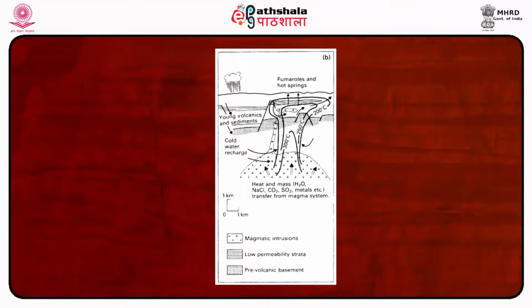Figure 6b illustrates the structure of a geothermal system in a volcanic terrain like that of the Taupo volcanic zone, New Zealand. In this example, the hot waters are circulating through, reacting with, and probably obtaining dissolved constituents from both magmatic intrusion and the country rocks.